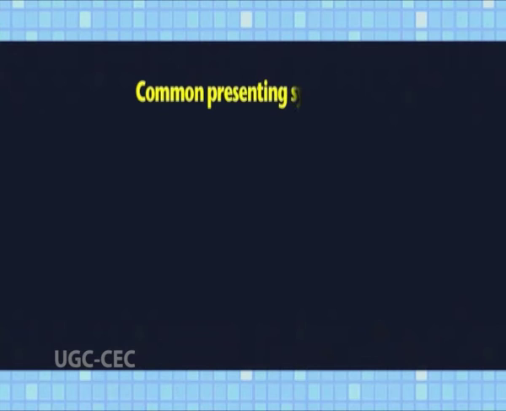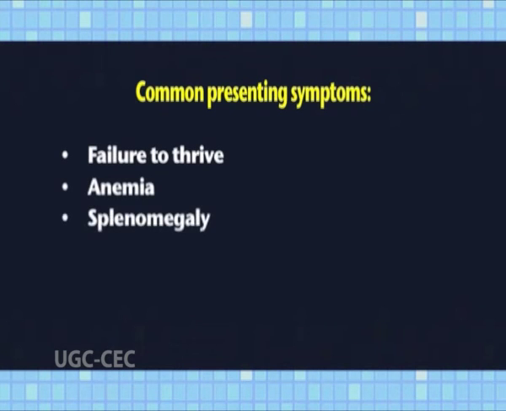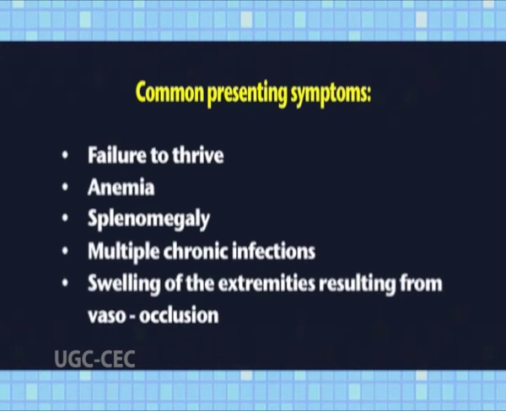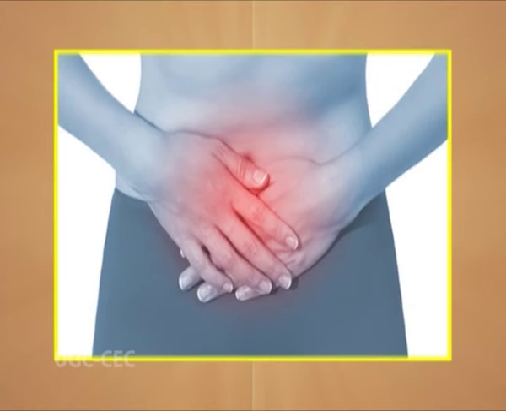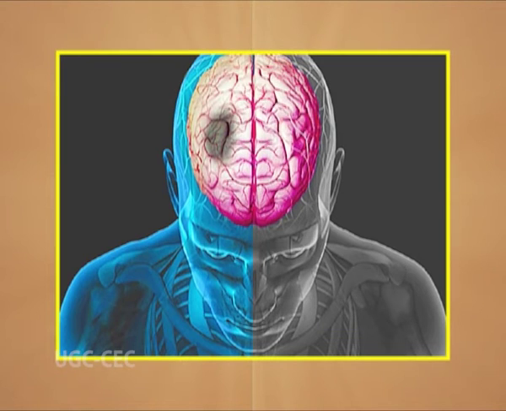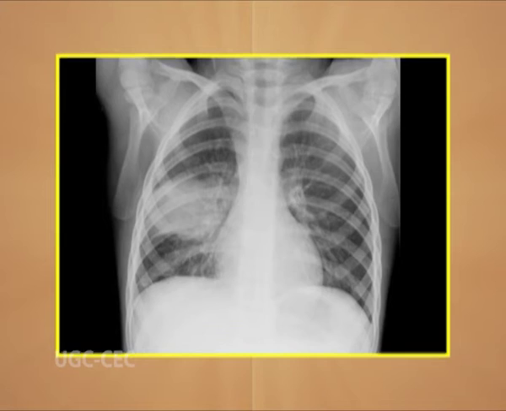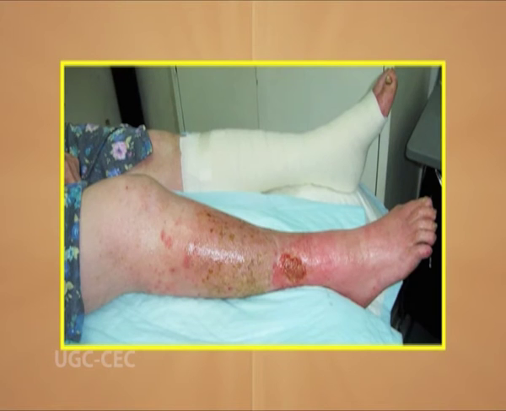Common presenting symptoms include failure to thrive, anemia, splenomegaly, multiple chronic infections, and swelling of the extremities resulting from vaso-occlusion. Patients who present much more acutely may have severe abdominal pain, stroke, acute chest syndrome, renal necrosis, leg ulcer, priapism, or loss of vision due to massive vaso-occlusion and infarctions.